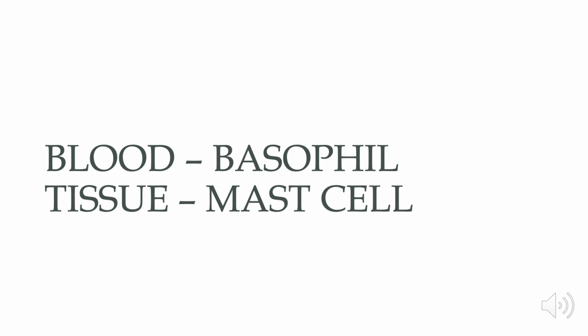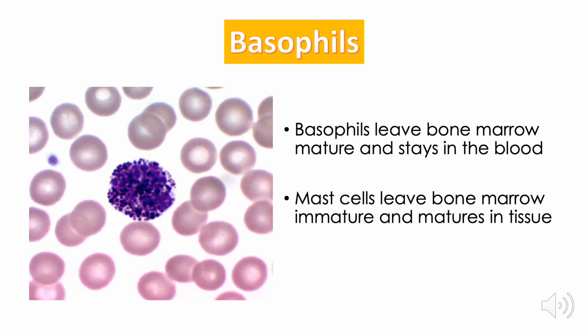So what is now the difference between basophil and mast cell? Basophils leave the bone marrow already mature and will just remain circulating in the blood. While mast cells, on the other hand, will leave the bone marrow immature and will only reach maturity once they migrate and reside in the tissues.